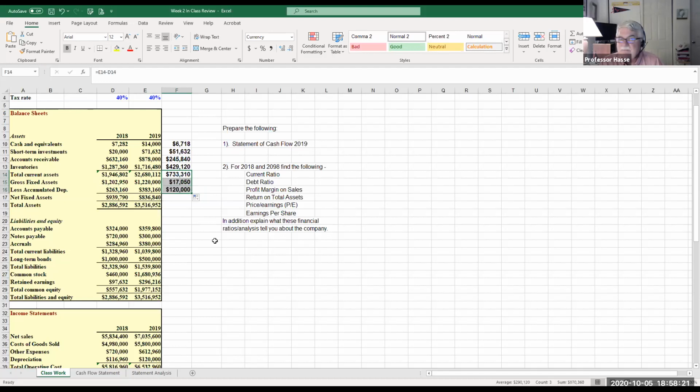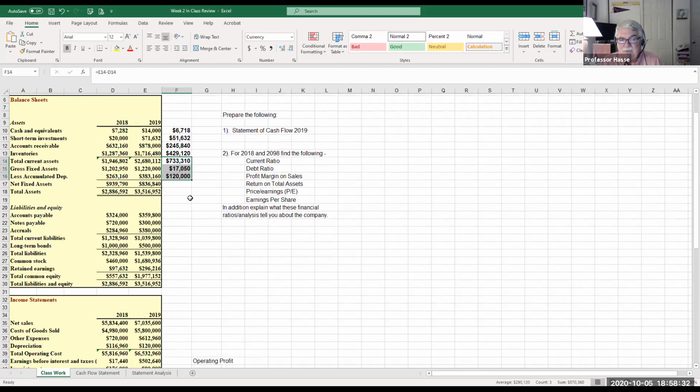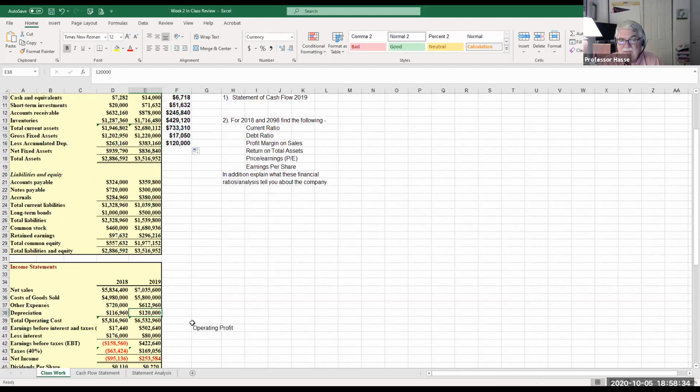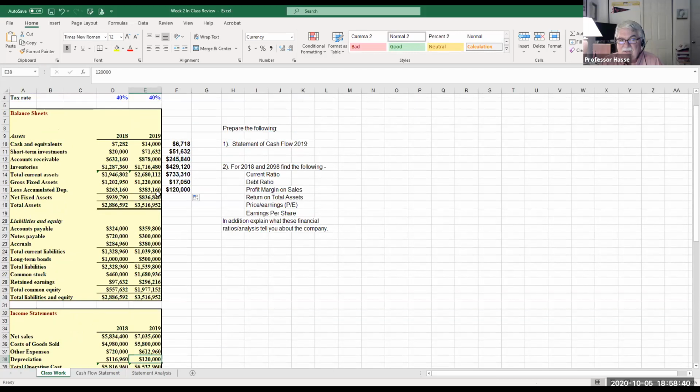And then finally, accumulated depreciation. We depreciated $120,000 more off these assets due to our depreciation schedules during the year. And that's important, because we see that number also down here on the income statement: depreciation expense and a lowering of our asset position by what we've depreciated and accumulated in that depreciation for the asset's life.